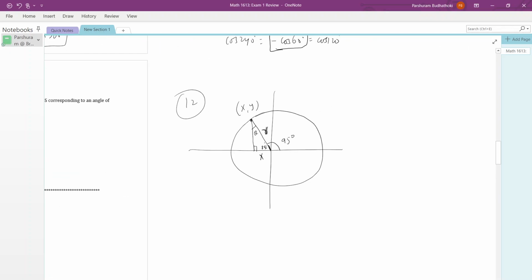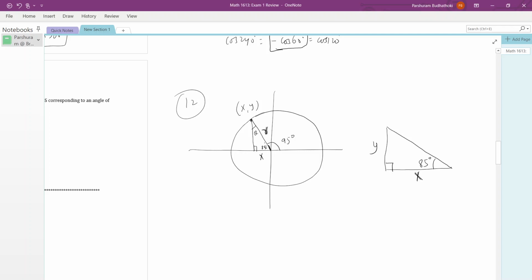So I'm going to borrow that right triangle here. This is 90 degrees, this is 85 degrees, and this is x. Whatever value of x I get, I will make it negative for that x coordinate. Don't forget that, because it's on the left side. And this is my y coordinate.